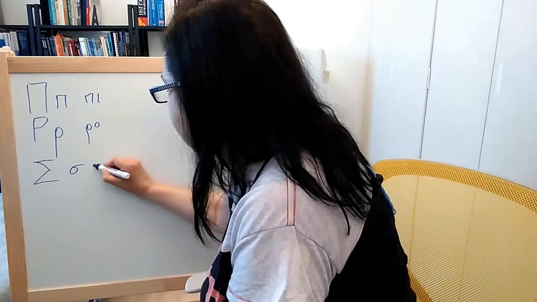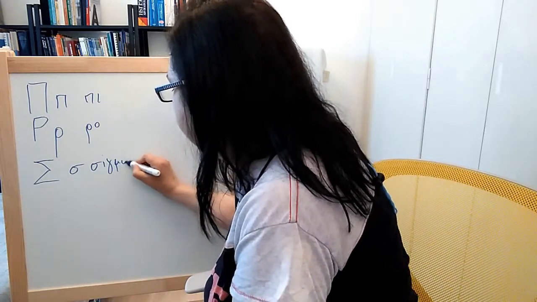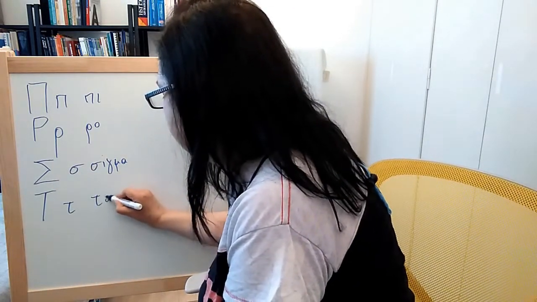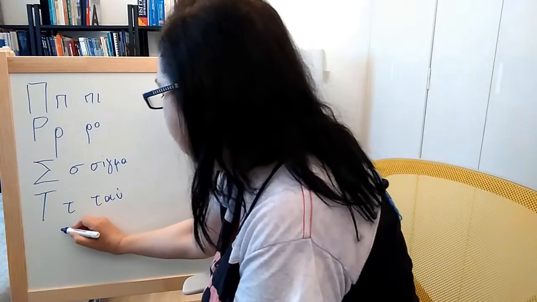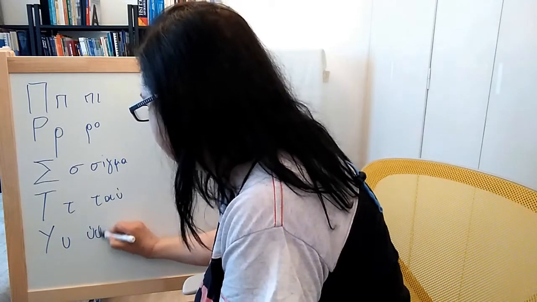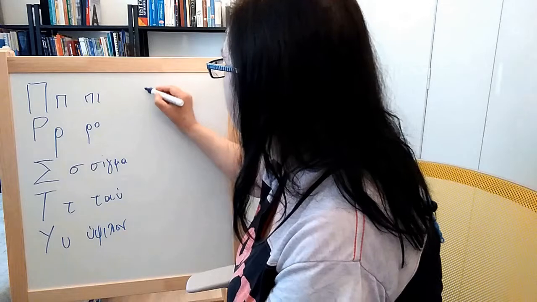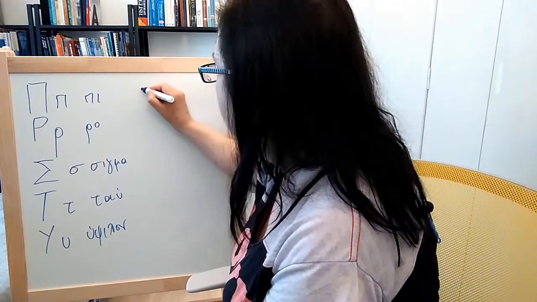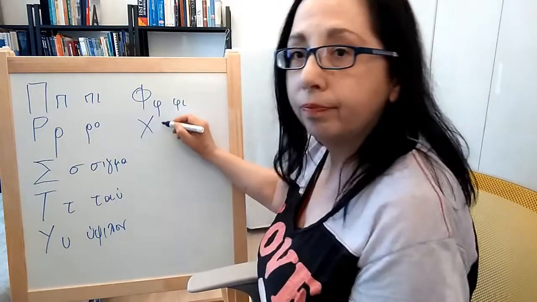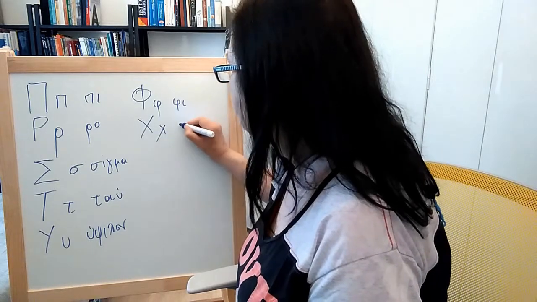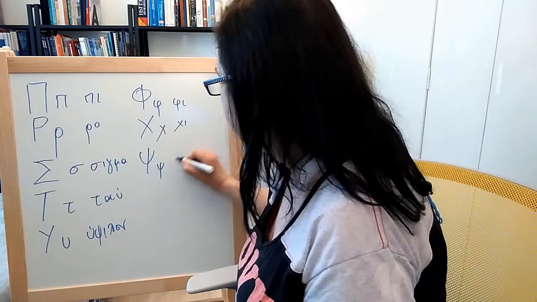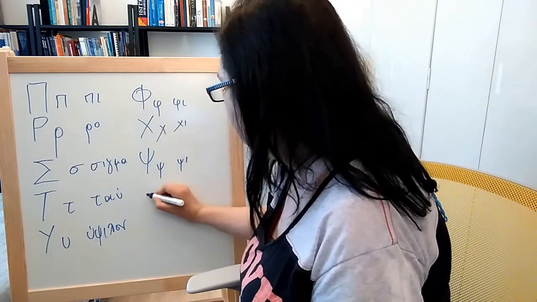Sigma, tau, ypsilon, phi, chi, okay, chi, phi, chi, psi, and omega.